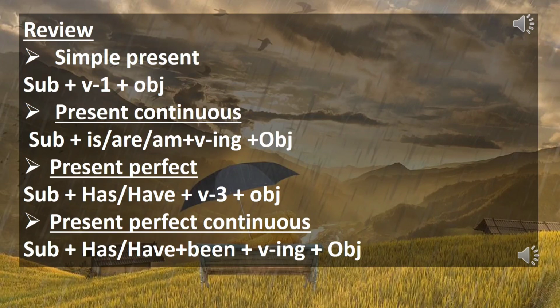In simple present, the formula that we have to use is subject plus the first form of verb plus object, and in present continuous we are using subject plus is, are, am plus ing form of the verb plus object, and in present perfect tense we are using subject plus has or have plus the third form of the verb plus object, and in present perfect continuous we are using subject plus has or have plus been plus ing form of the verb plus object.